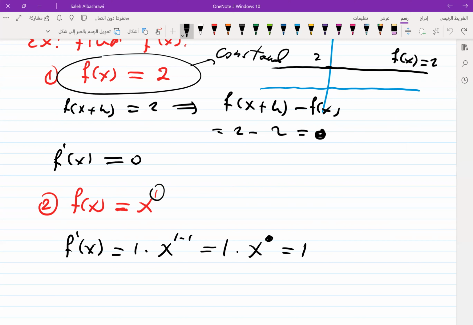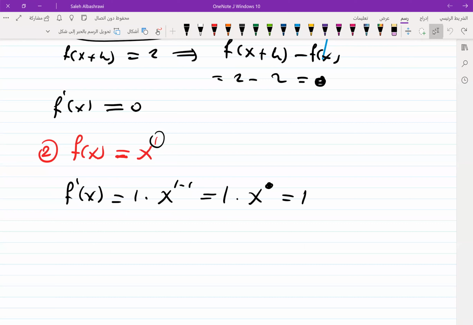So in general, for any linear function, x to the power 1, the derivative of that part is equal to the coefficient. The coefficient is equal to 1, so the derivative in this case is equal to 1.